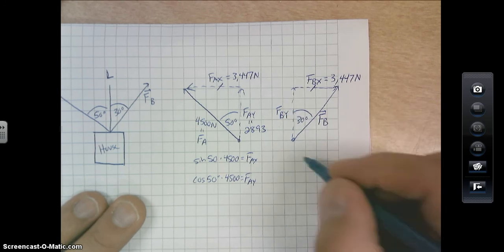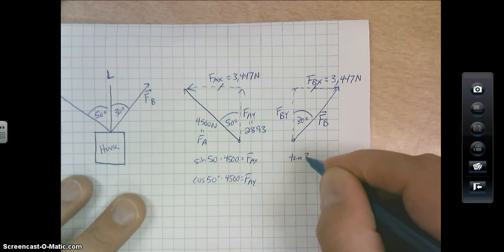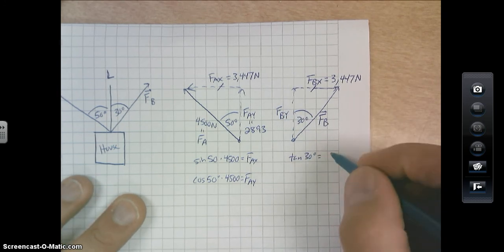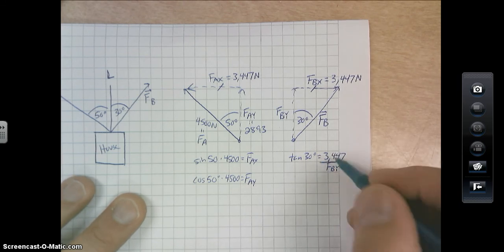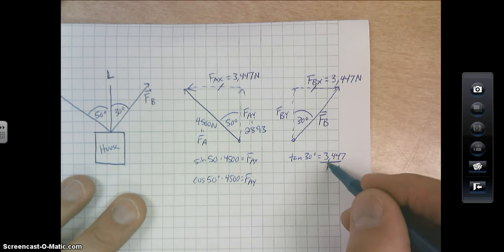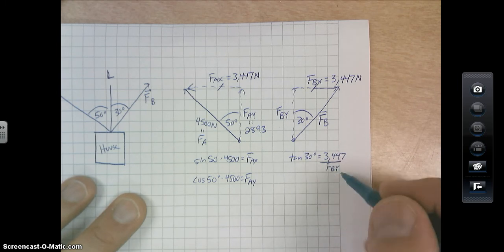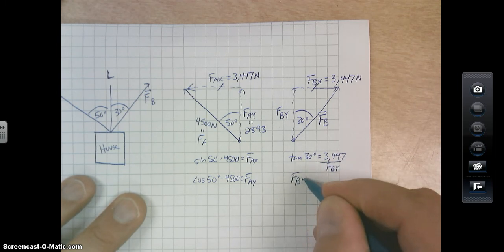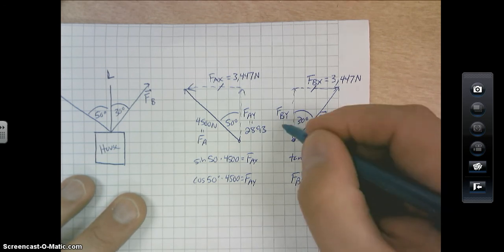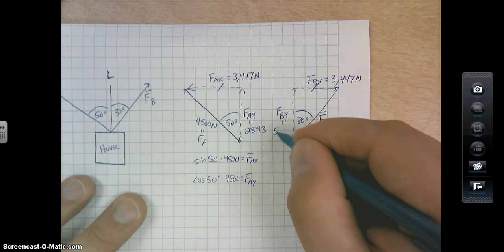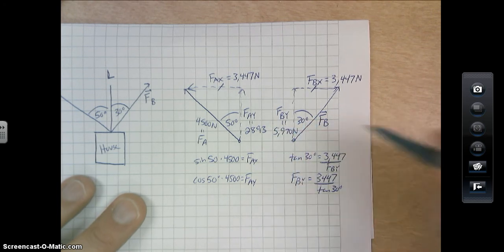So this is going to be the tangent of 30 degrees is the opposite, which is 3,447 over FBY. Don't forget that these two really just essentially change spots when we rearrange to solve. So you get FBY being 3,447 divided by the tangent of 30 degrees. If you do that, 5,970 newtons is what you get.